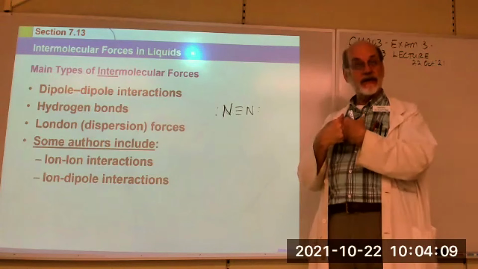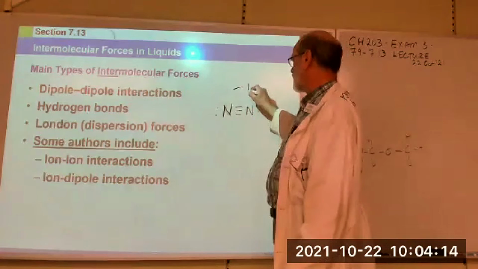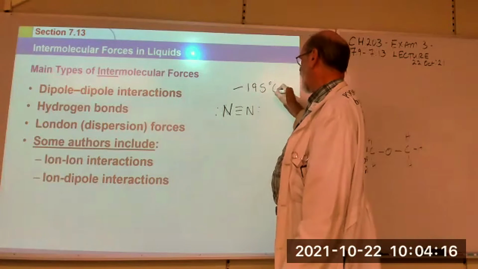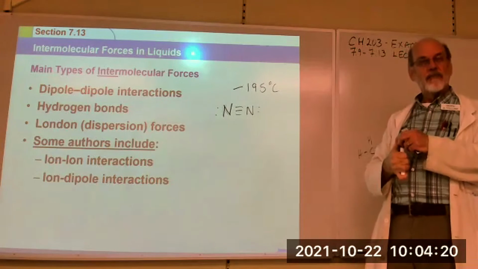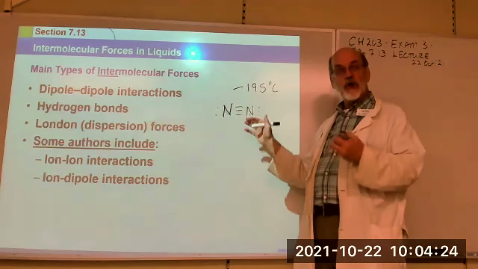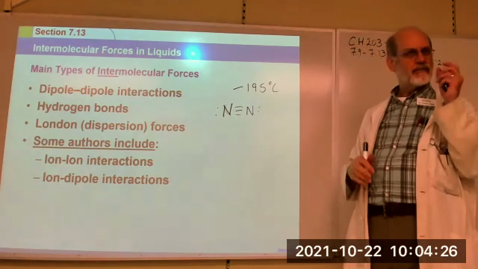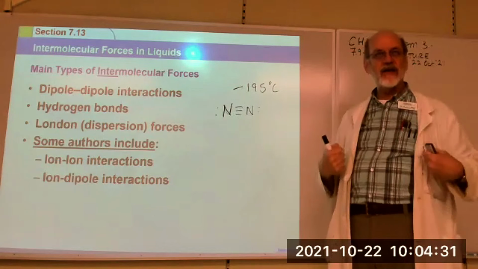Otherwise, you wouldn't be able to make a liquid out of it. I mean, you got to get it really cold, minus 195 degrees Celsius. But once you get it that cold, you decrease the kinetic energy of the molecules so low that now some mysterious weak force is able to hold them together in a liquid.